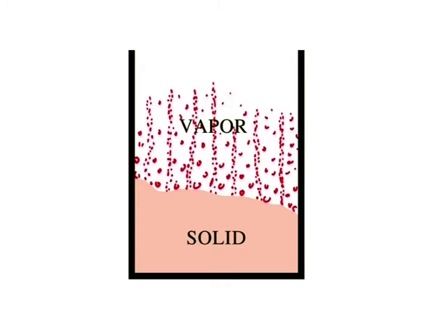Passing from the solid phase directly into the vapor phase is called sublimation. For substances that have a triple point pressure above the atmospheric pressure, such as solid carbon dioxide, that is dry ice, sublimation is the only way to change from the solid to vapor phase at atmospheric conditions.